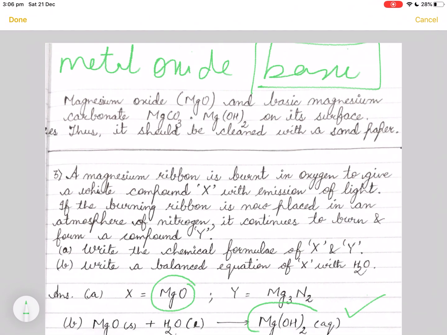Mg(OH)2, which is known as magnesium hydroxide, and it's a base. So here you understood one more concept, that all metallic oxides which belong to group 1 and 2 are basic in nature, and when such oxides react with water, they will give you their hydroxides, because this equation and this concept will be very useful for you in chapter 2. So that's all about this question.